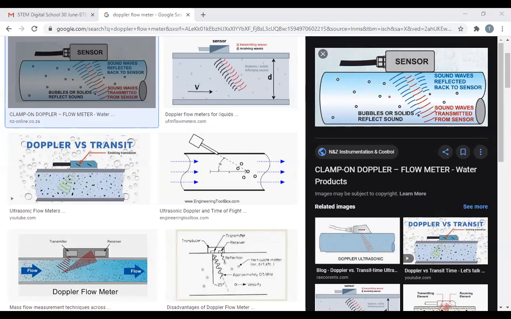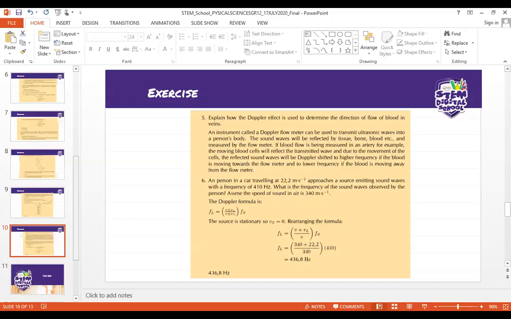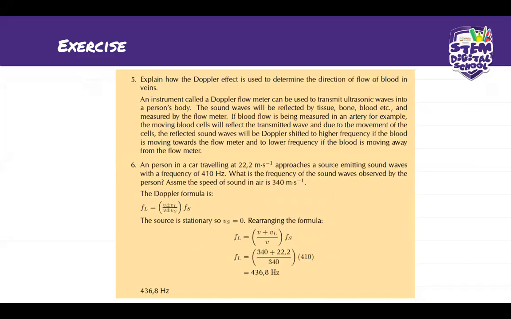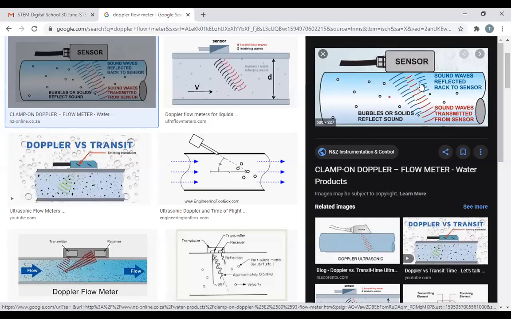Okay, so it says here, an instrument called a Doppler flow meter can be used to transmit ultrasonic waves into a person's body, like I just showed you guys right now. So this is your Doppler effect, and these are the waves that are transmitted inside your body.